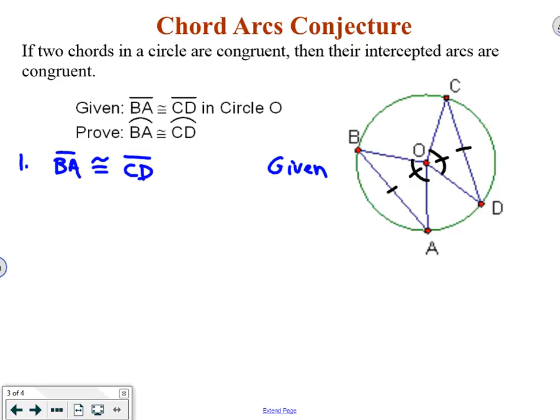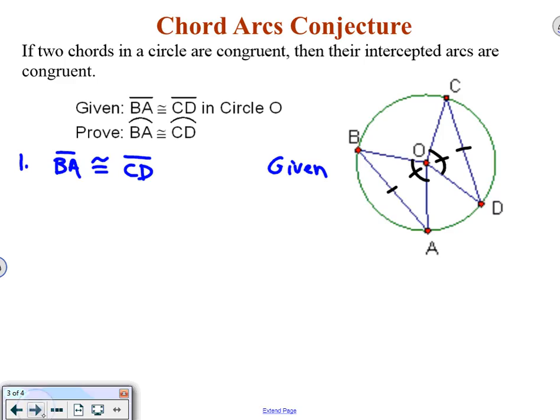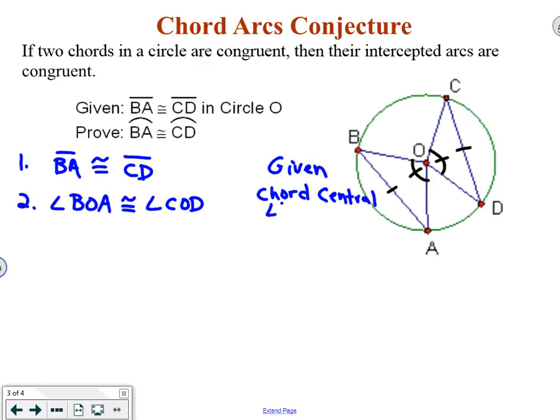From our last proof, chord central angle theorem now tells us that angle BOA is congruent to angle COD. That's the chord central angles theorem.